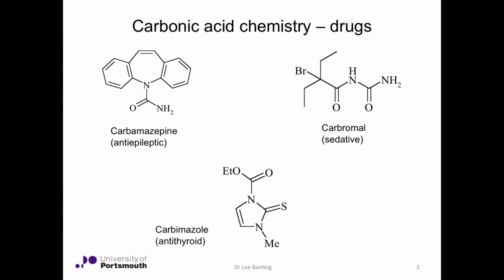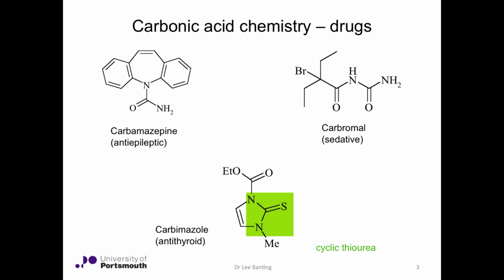This is a peculiar beast. This is carbimazole, which is an antithyroid drug, and carbimazole has a carbamate, hence the name carbimazole. It has a carbamate functionality in. But if you look at it a little more carefully, it has also a cyclic urea in it, because it's part of a 5-membered ring, but that urea has had its oxygen changed into a sulfur.